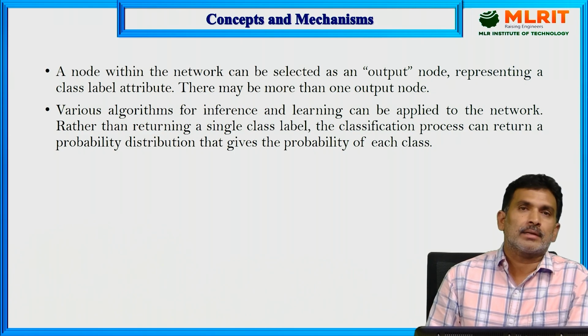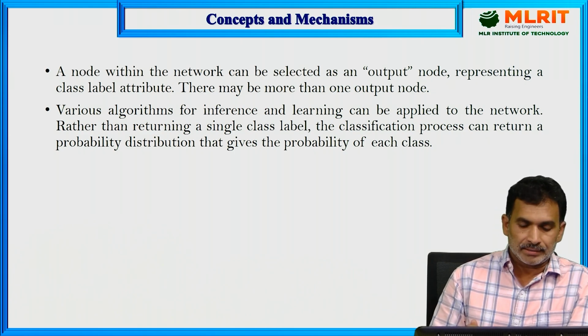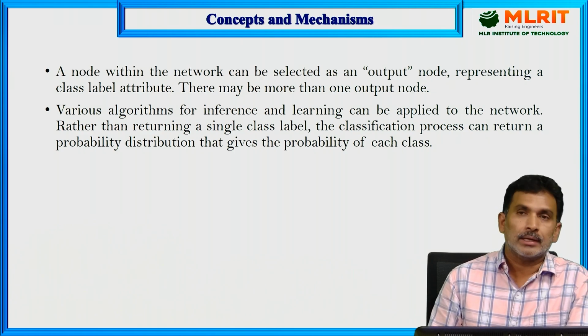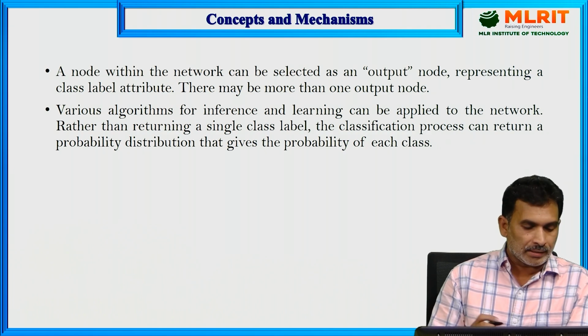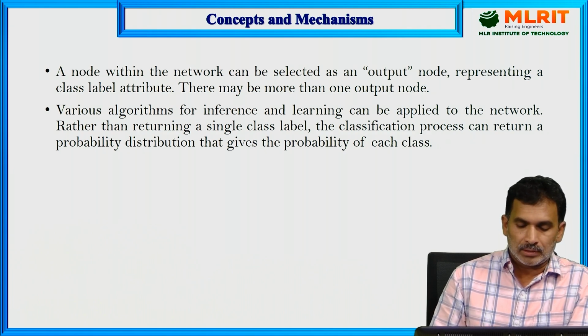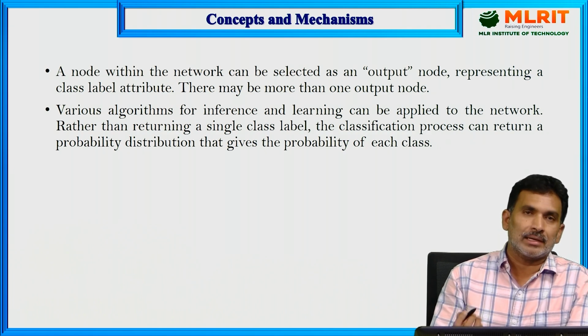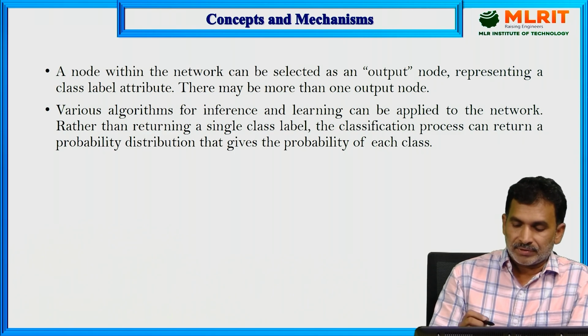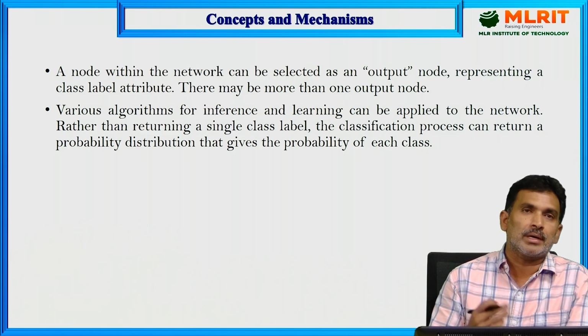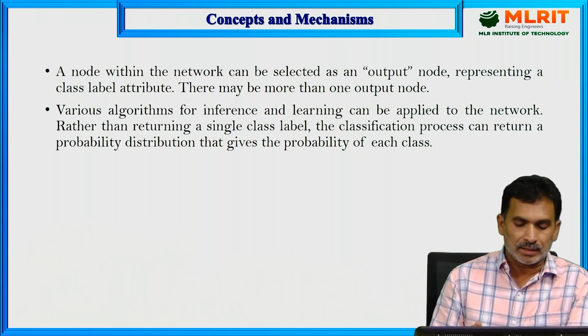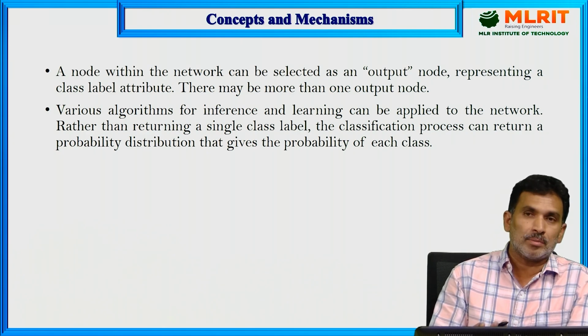Various algorithms for inference and learning can be applied to the network. Rather than returning a single class label, the classification process can return a probability distribution. That means it gives the probability of each class, as we discussed in the Naive Bayes conditional probability distributions.